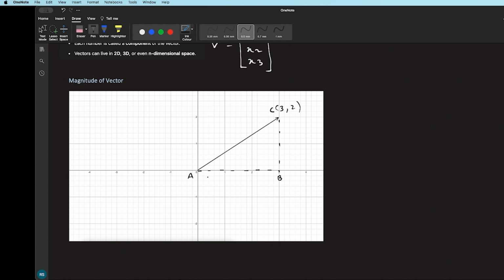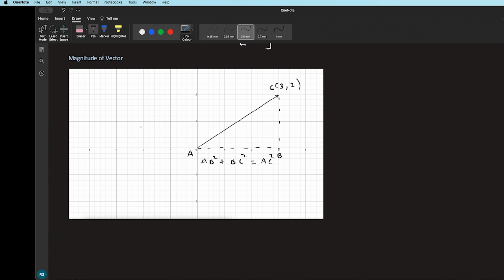The formula of the Pythagoras theorem is AB squared plus BC squared equals AC squared. Now here I want to find the length of this vector, that is AC. So AC is the root of AB squared plus BC squared.